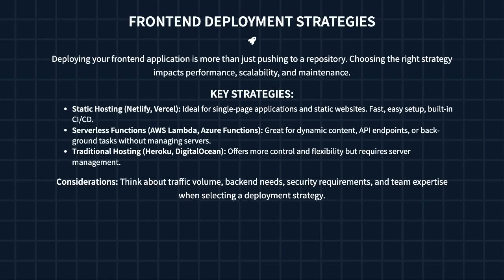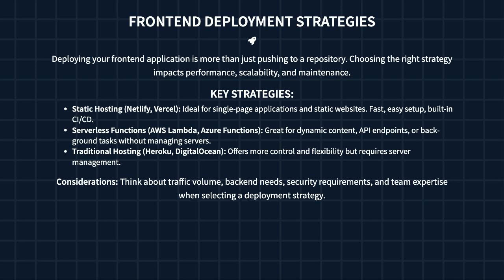Okay, let's talk about getting your front-end code out into the world, deploying it. It's not just about pushing to GitHub. There are several strategies you can use, and each has its pros and cons. For simple single-page apps or static websites, services like Netlify and Vercel are fantastic because they're super fast and have built-in continuous integration and deployment.